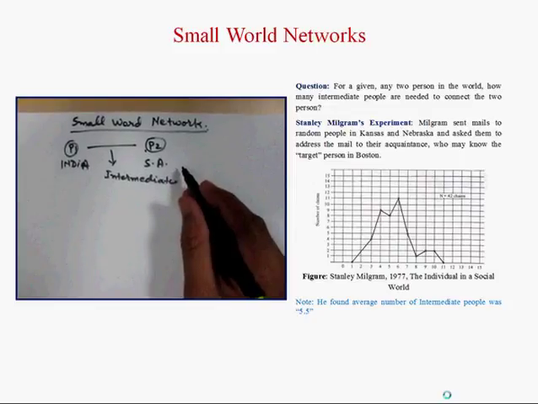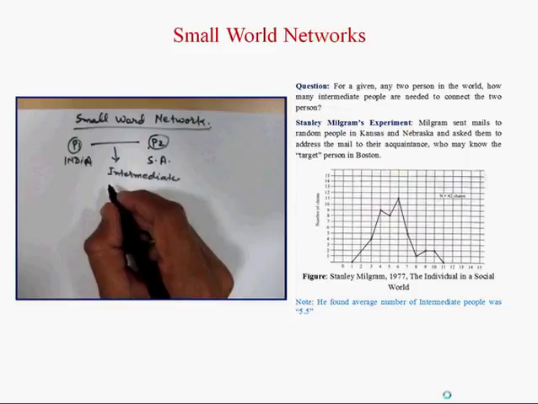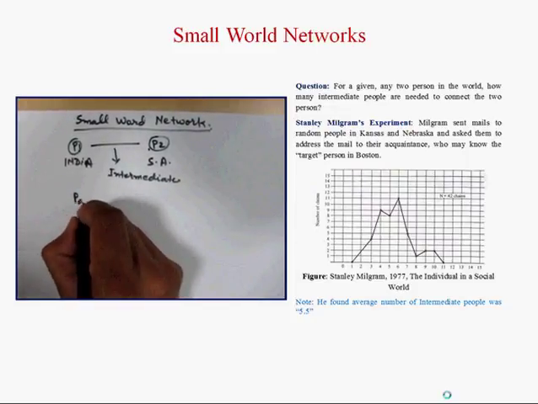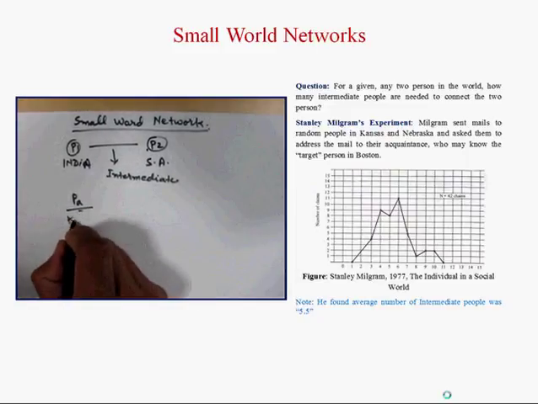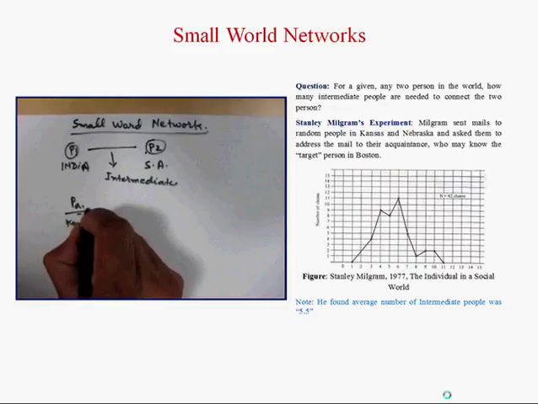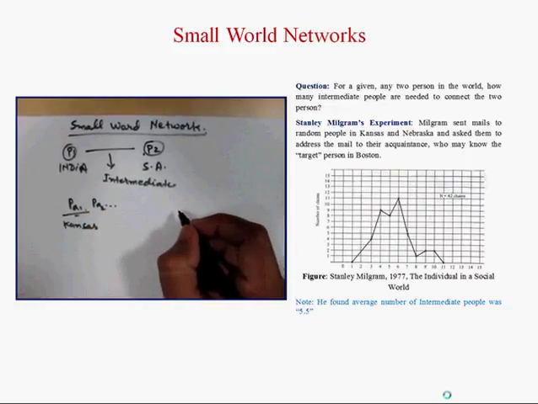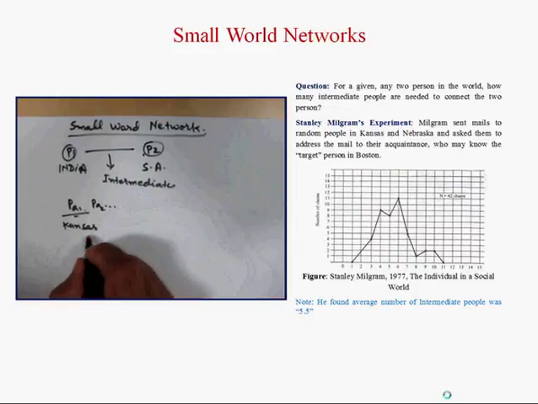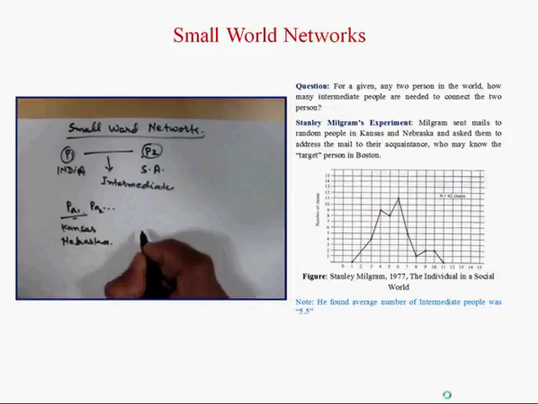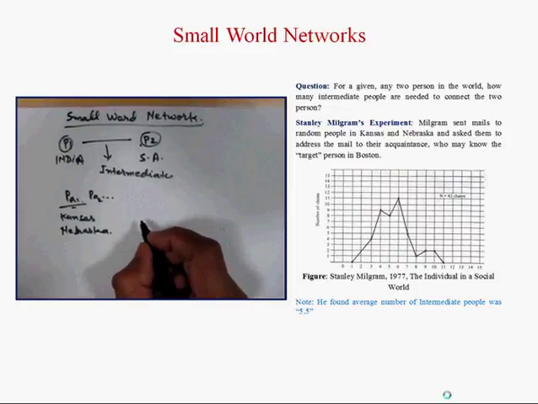Milgram sent mails to random people in Kansas, suppose represented as TA in Kansas, and Nebraska, and asked them to address the mail to their acquaintance who may know the target person in Boston.